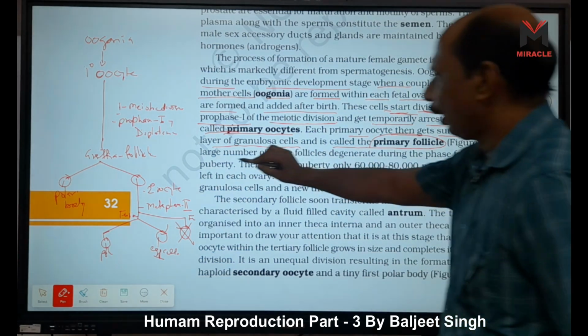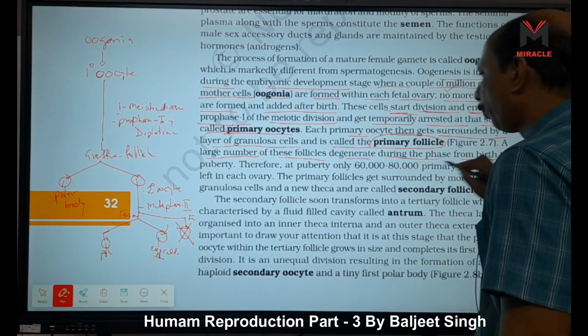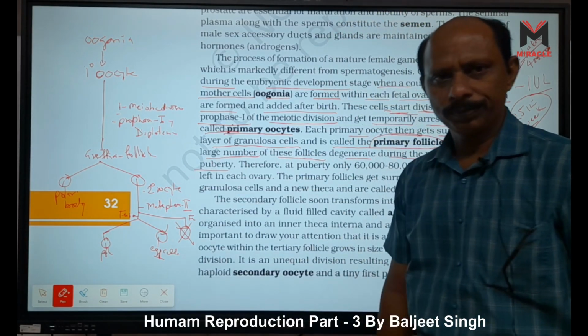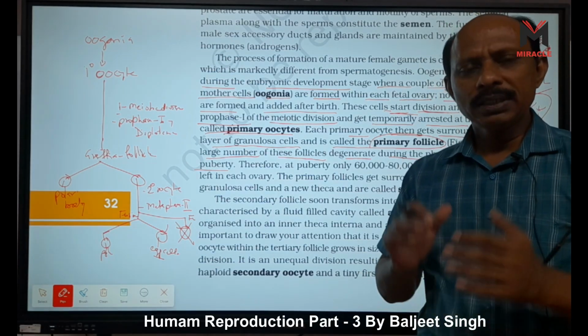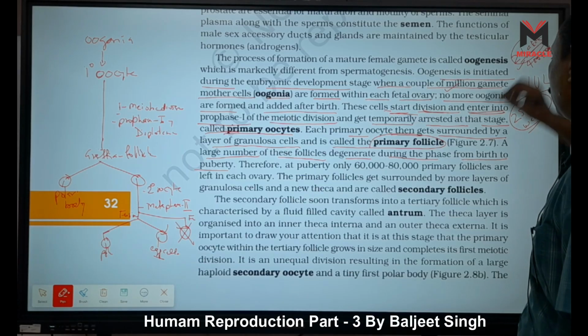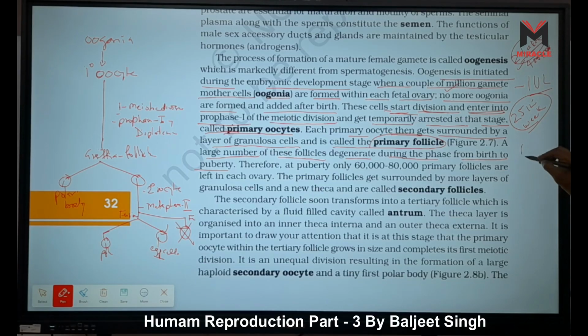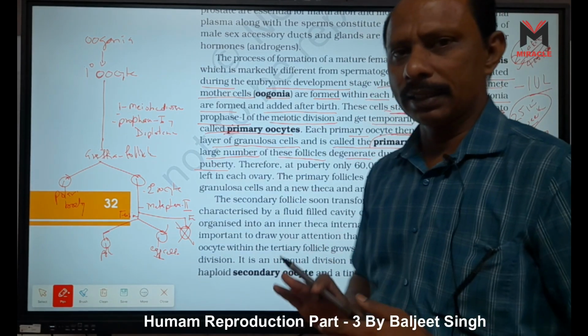Then a large number of these follicles degenerate during the phase from birth to puberty. A large number of these primary follicles degenerate. At the time of puberty, of the original number, only 60 to 80,000 remain in each ovary. All the others are destroyed or degenerate, right?